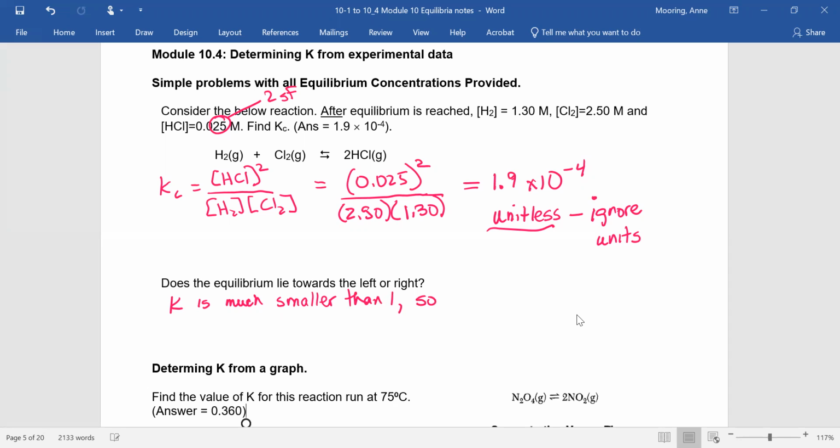So little product is made. And if we look at our experimental data, we can see that when we were at equilibrium, the concentration of the hydrochloric acid was only 0.25 molar compared to the other values. So the equilibrium lies towards reactants.